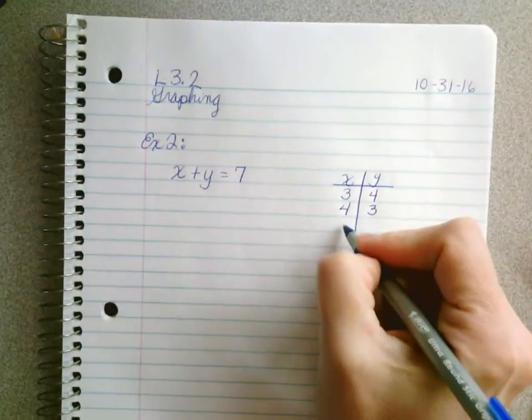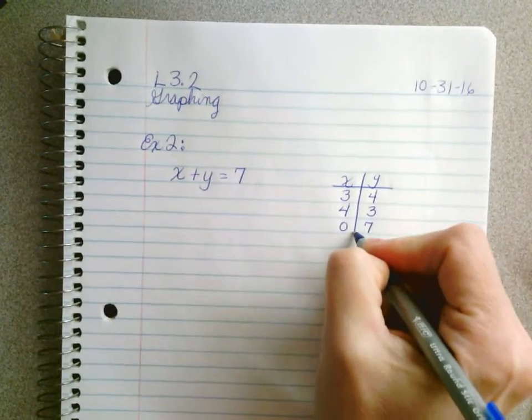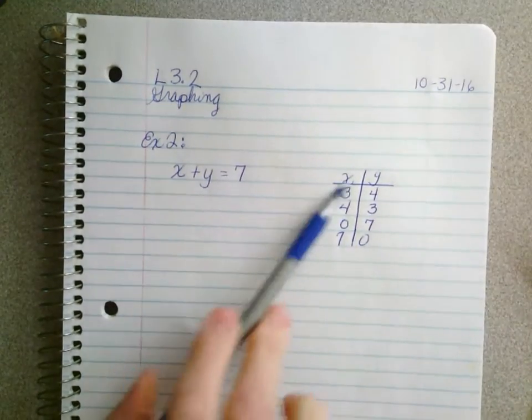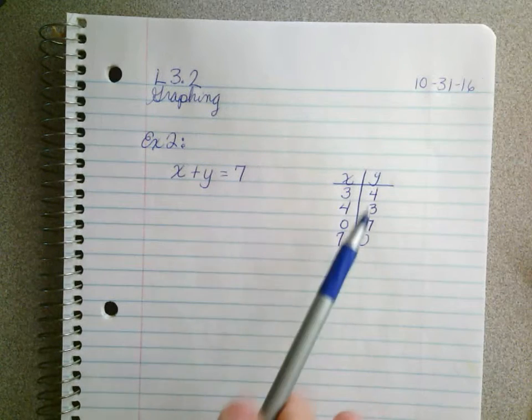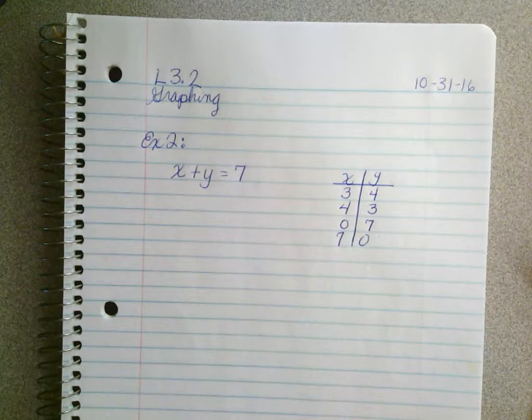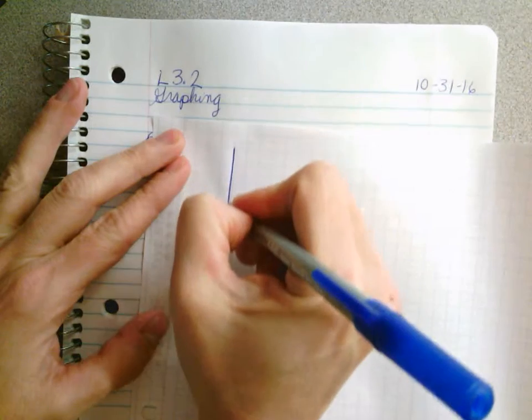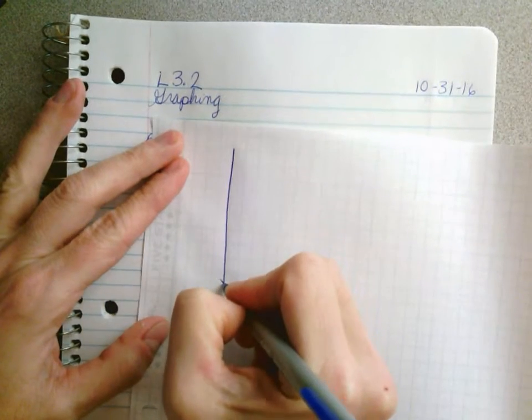But you could also use 0 and 7 and 7 and 0. Are you guys okay with how I came up with these numbers? These numbers, when added together, do give you 7. That's the whole point. And if I were to graph it, there are negative values that would obviously work as well, but for our purposes right now, I'm just being simple about it.